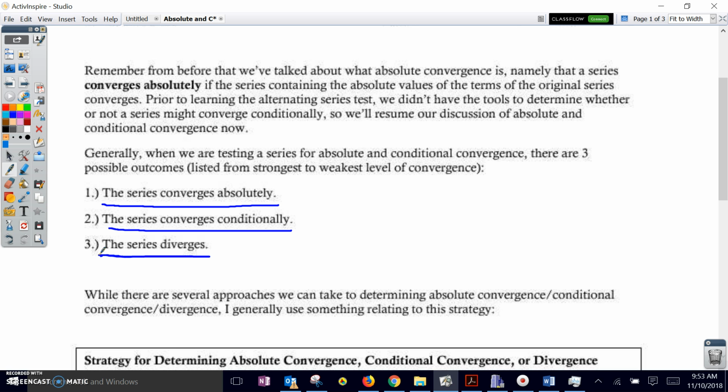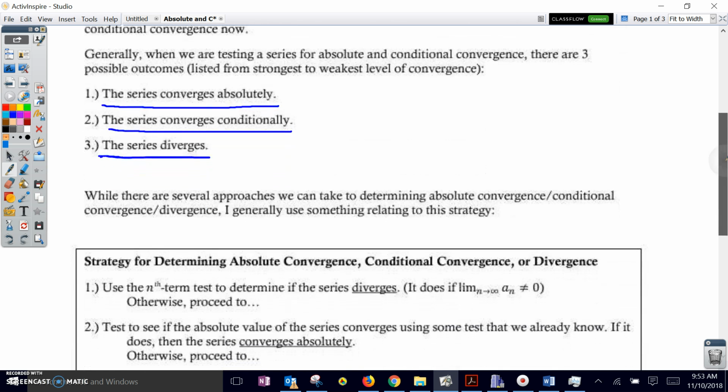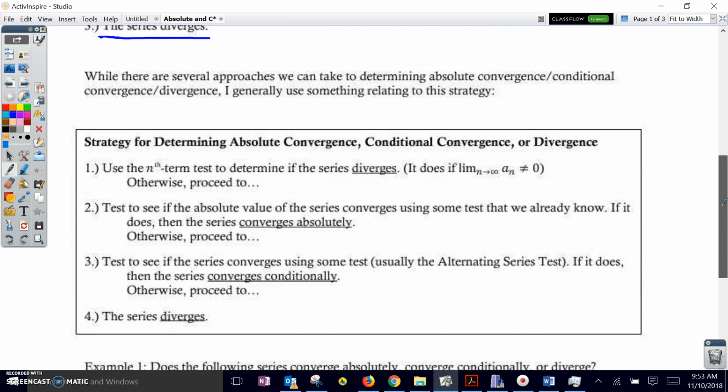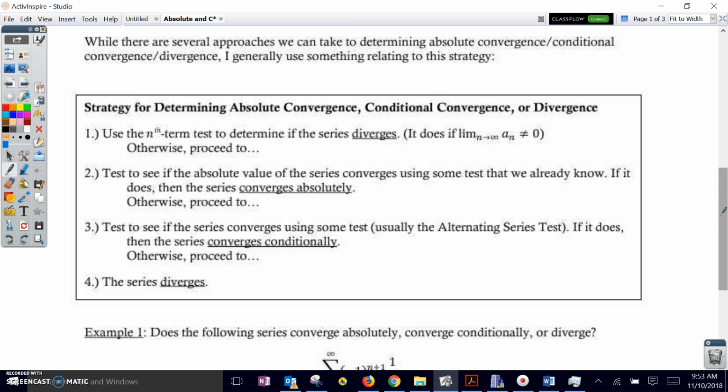There are a lot of different approaches we can take to these problems, depending on our gut instincts, but I generally use something that relates to this strategy. I look at the alternating series and use the nth term test to see if it diverges. If it does diverge from the nth term test, I'm done. I will say that the series diverges. Otherwise, I check, does it converge absolutely? So I take the absolute value of the series and see if that converges.